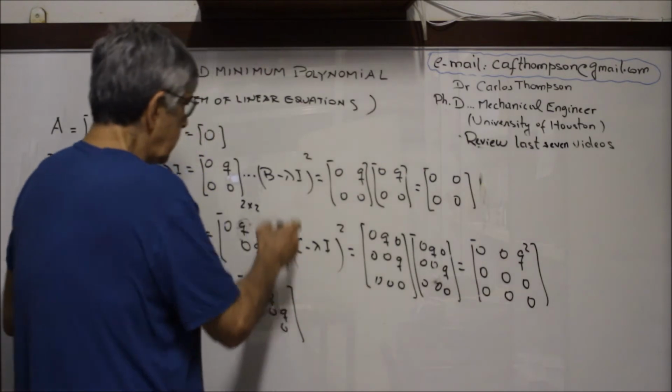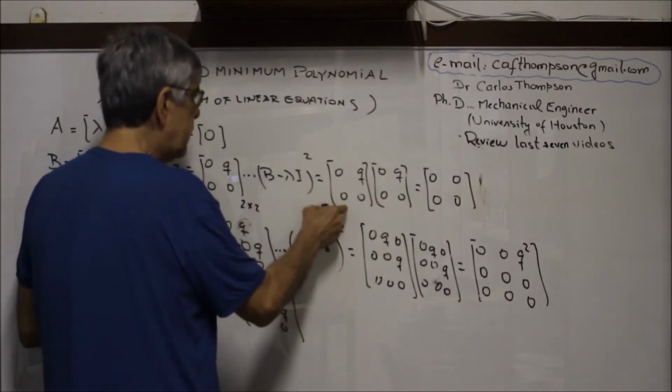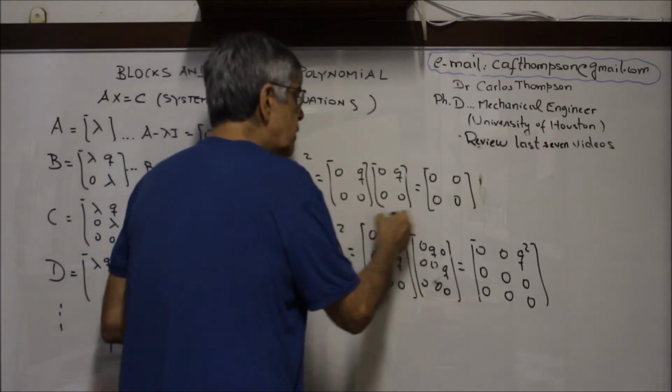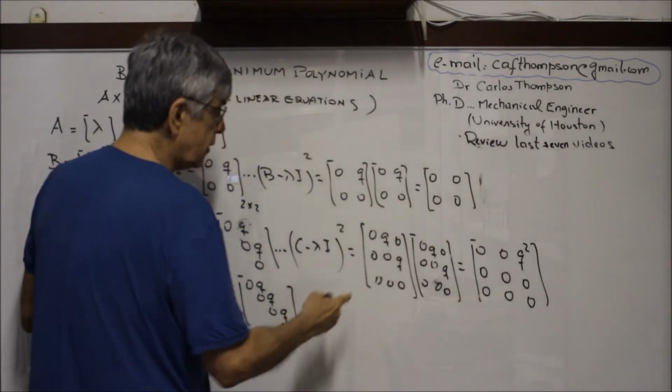Now, this square matrix, 2 by 2, squared is 0. But this one is not.